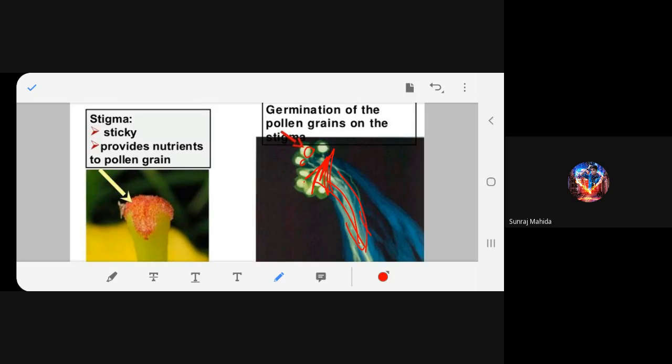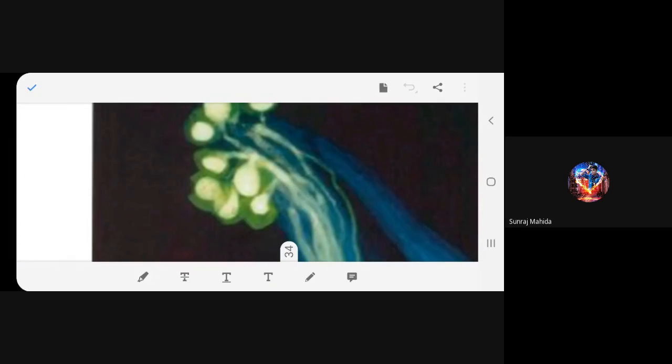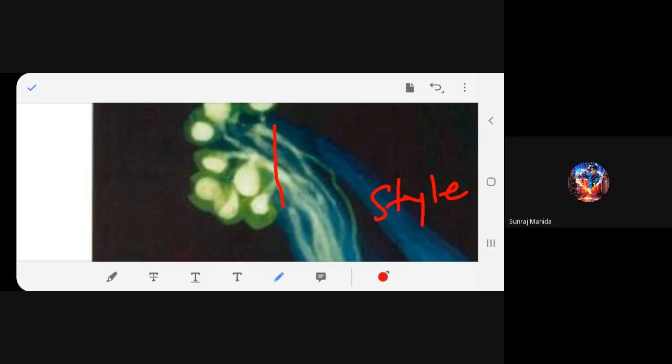Can you see the tubes? So many tubes forming. These are the tubes coming out from the pollen. These are called pollen tubes. Where is it going? It is going in the style. It is germinating on the stigma, but it's going inside the style to reach the ovary. Understood?